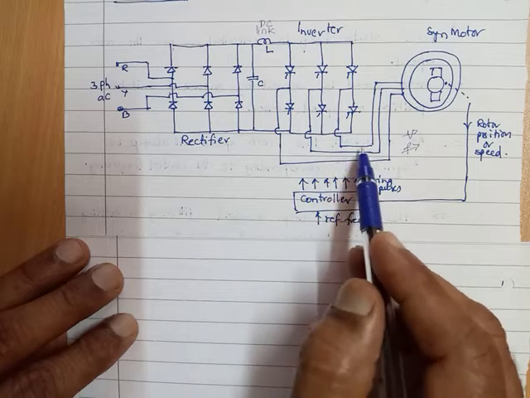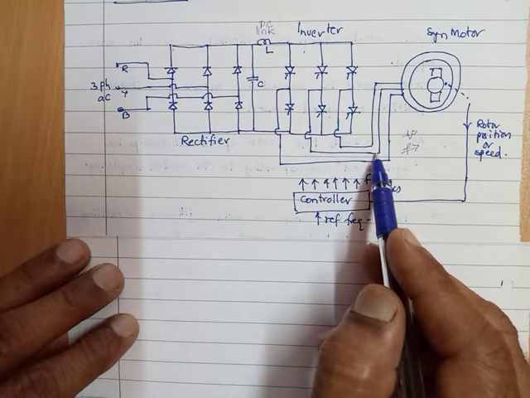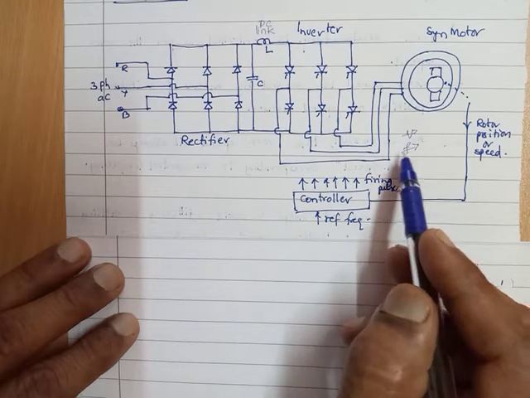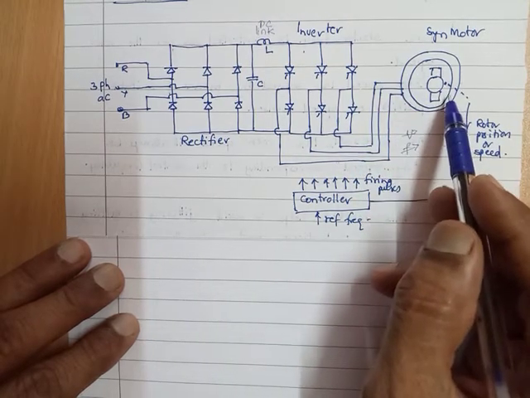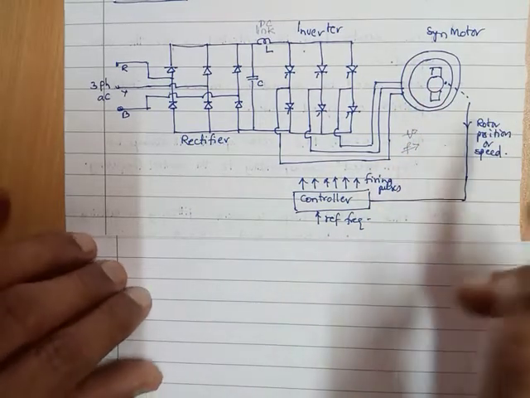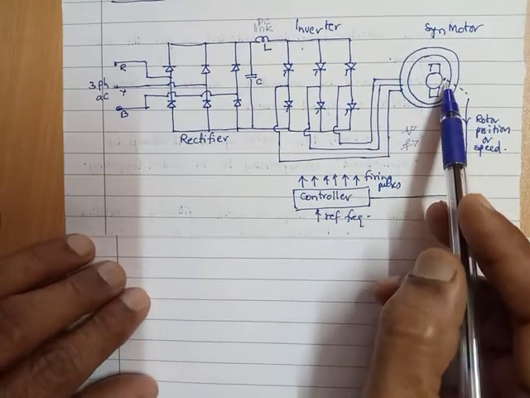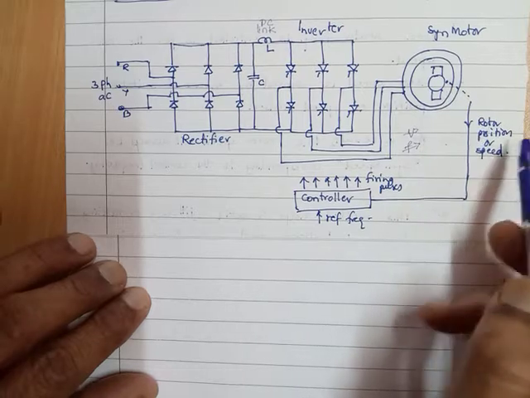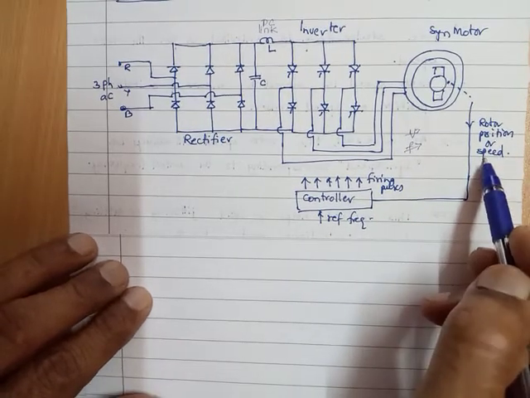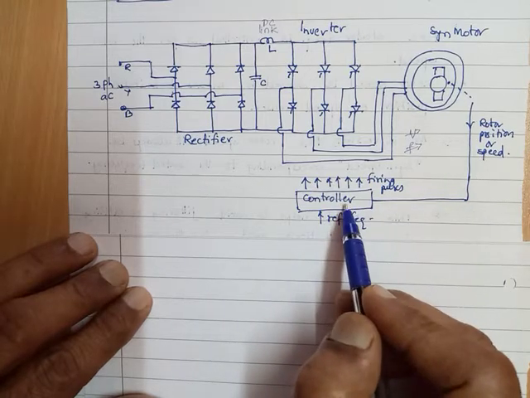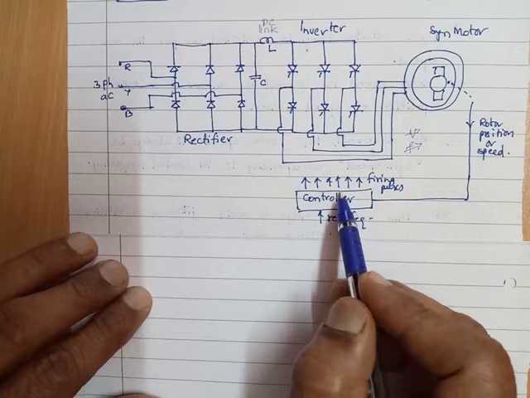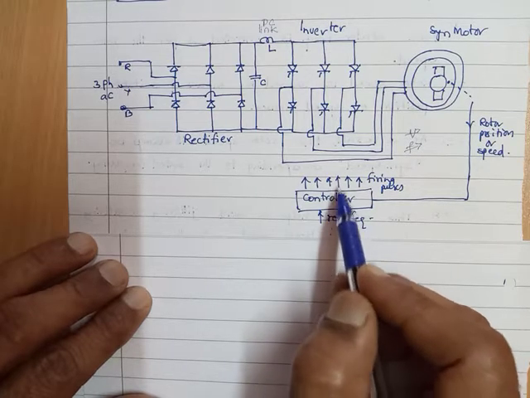So the three-phase AC with V by F constant and frequency controlled is given to the synchronous motor. Accordingly, the synchronous motor speed will change. Now, that speed is sensed by a position sensor or the speed sensor, and it is given to the controller so that the controller will give the output. What is the output of this controller?